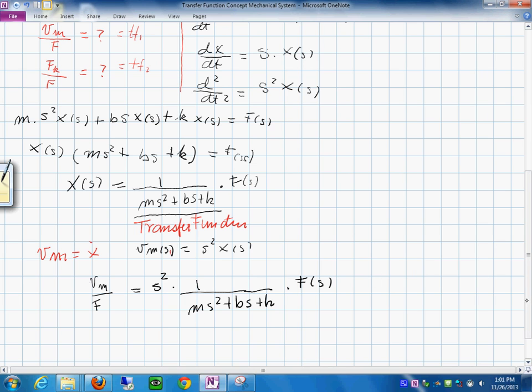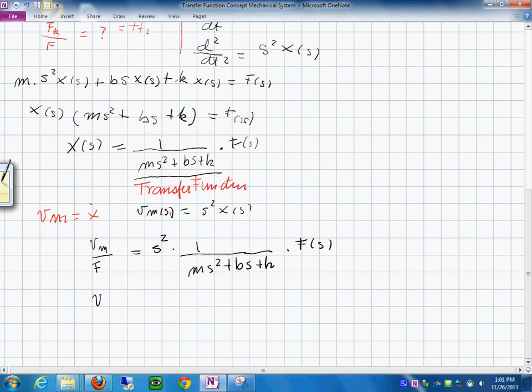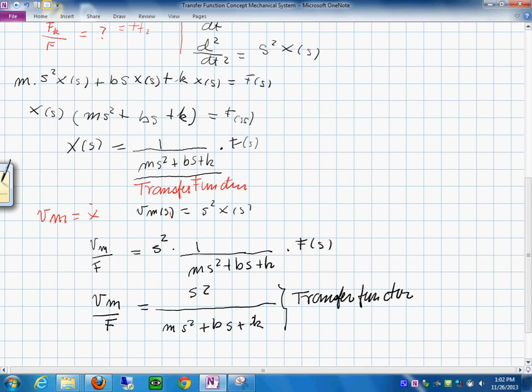So it follows now that the velocity of m in relationship to the input is s over ms squared plus bs plus k, and this is our transfer function. Okay, so that's the transfer function.